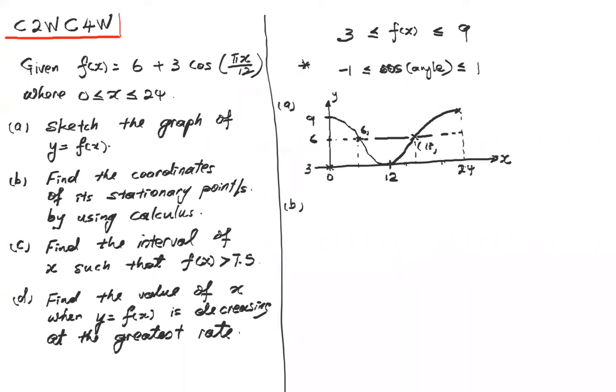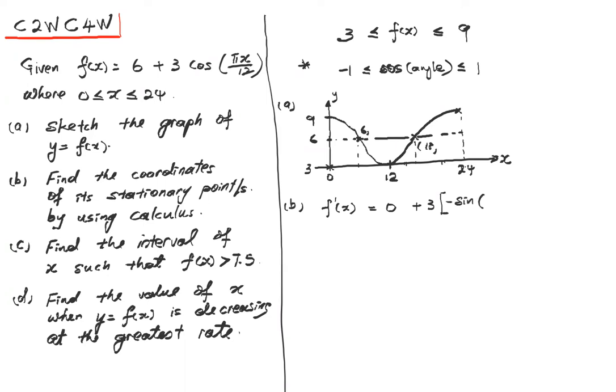Find the coordinates of the stationary point by using calculus. So no choice, by using calculus. So I have to find the f prime x. So when I find f prime x, the rate of change of 6 is 0. So the rate of change of cos is negative sin.